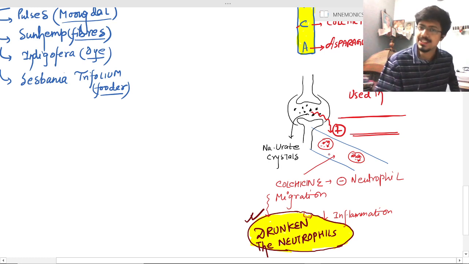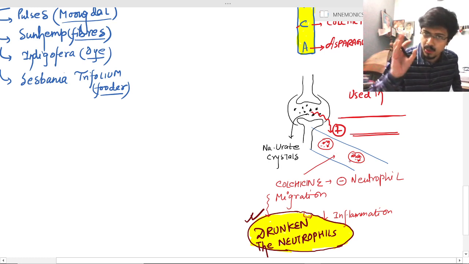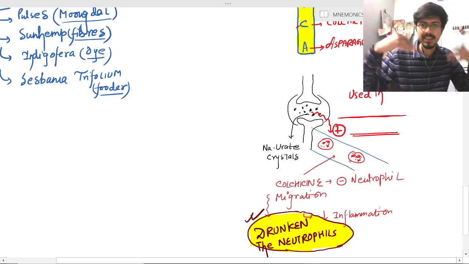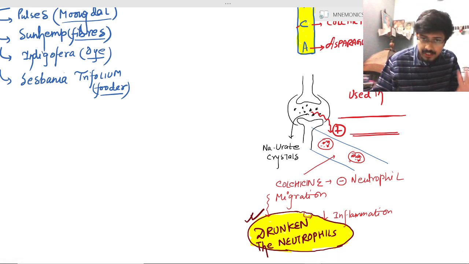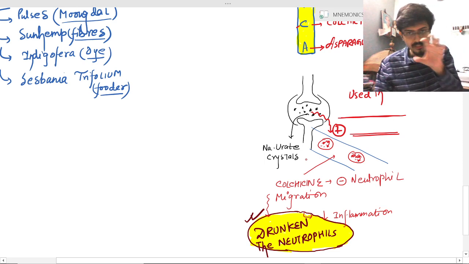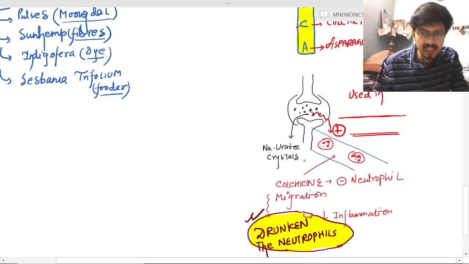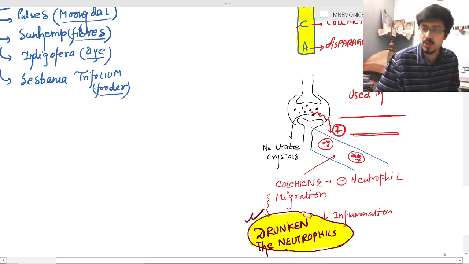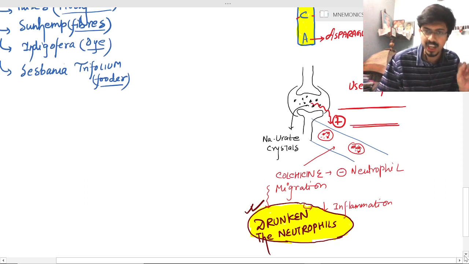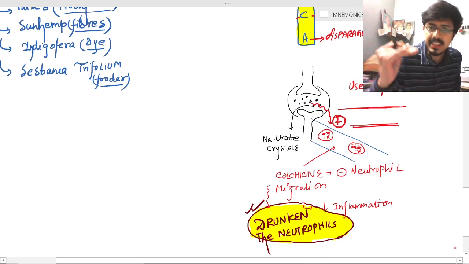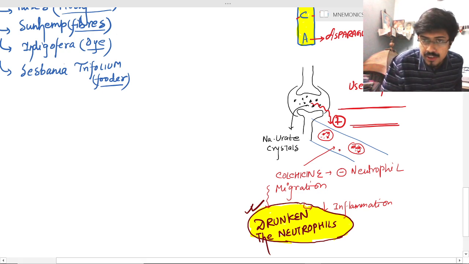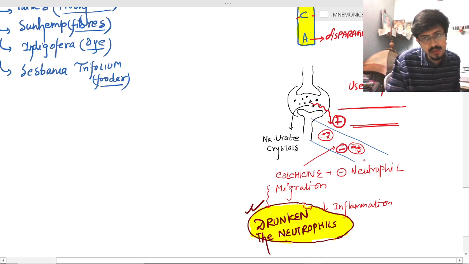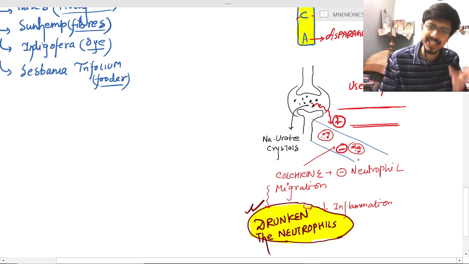When inflammation is triggered, neutrophils from the blood go to the joint, and the pain and redness start. So if you block the inflammatory cells from reaching the joint, you can reduce the inflammation. The main action of colchicine is that it prevents neutrophil migration, and so it reduces the inflammation.